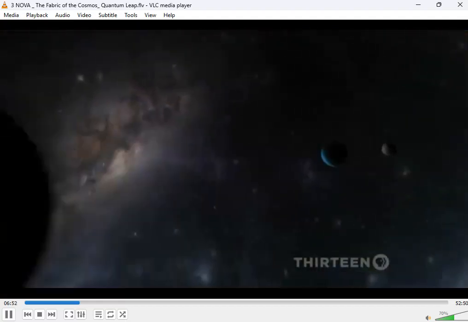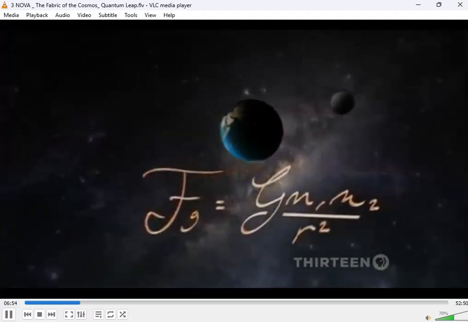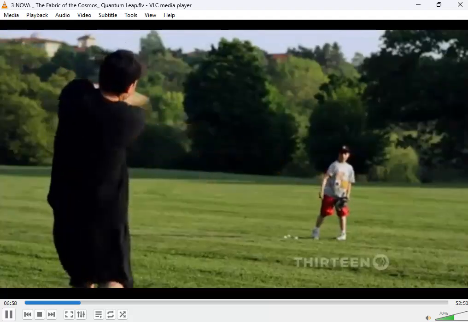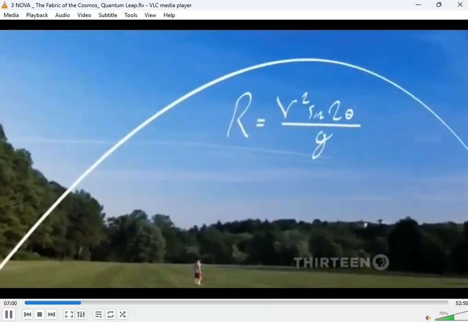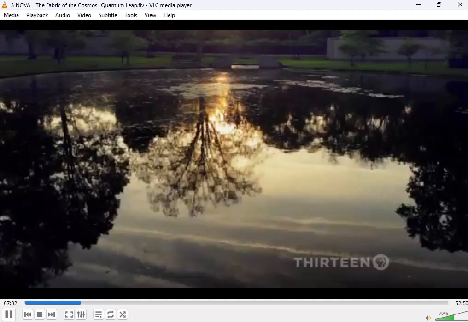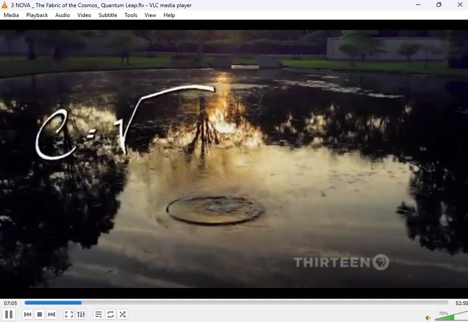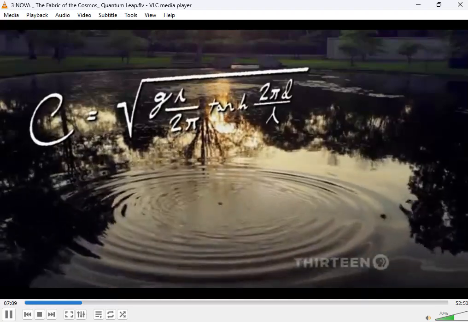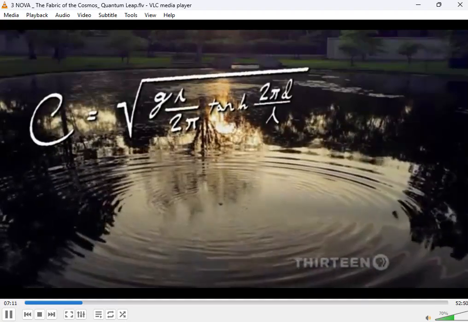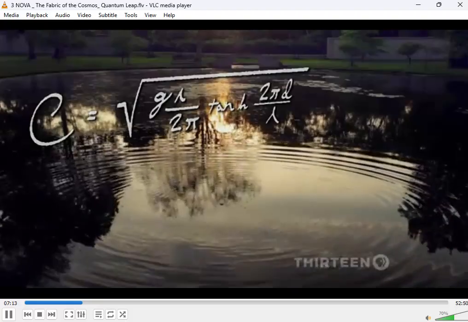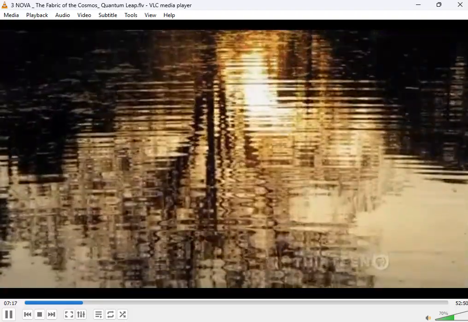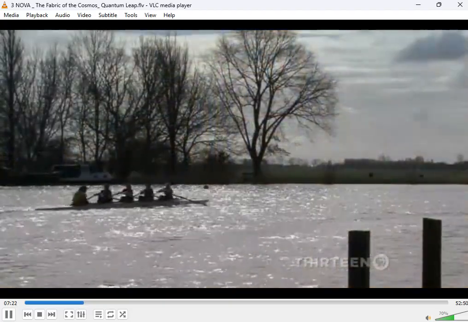The rules that govern how planets orbit the sun, how a ball arcs through the sky, how ripples move across the surface of a pond. These laws were all spelled out in a series of equations called classical mechanics, and they allowed us to predict the behavior of things with certainty. It all seemed to be making perfect sense.